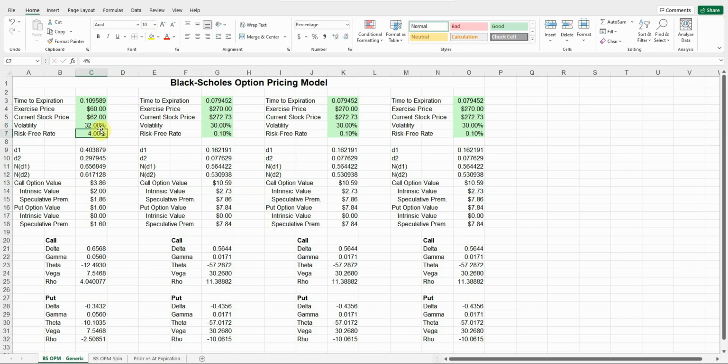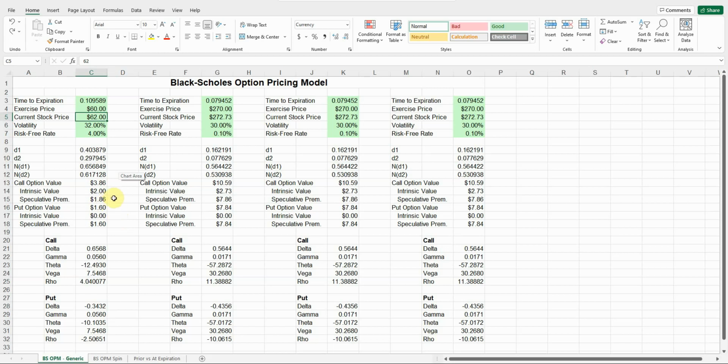Go back to 32. What happens if the current stock price goes up to $65? That call option value changes from 3.86 to 6.06. So you can see quickly how those values are going to change by just changing the inputs in the spreadsheet.